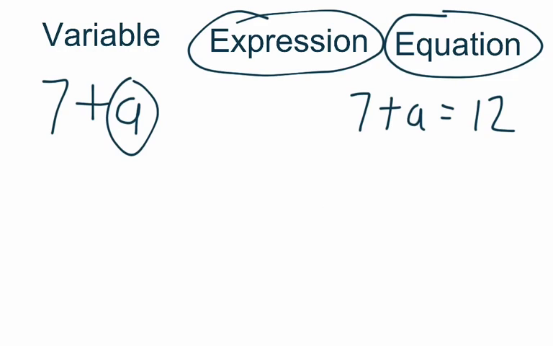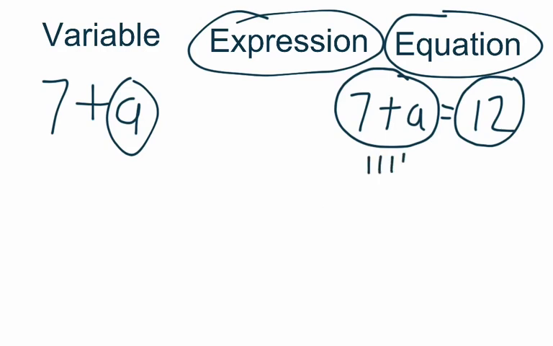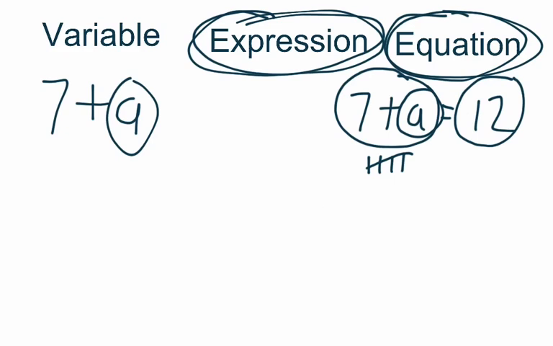So therefore, we can say, okay, I know that there's 12 over here. That means there has to be 12 over here. I already have 7, so that means we need 8, 9, 10, 11, 12, which means that a equals 5. So when it's an equation, we can actually solve the variable. When it's an expression, we have to be told what the variable is.